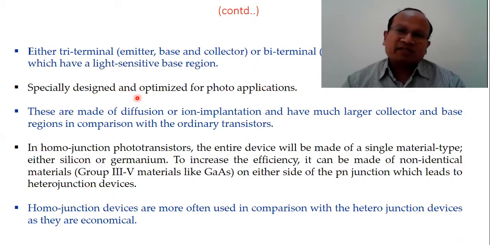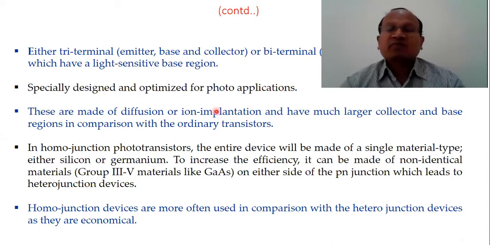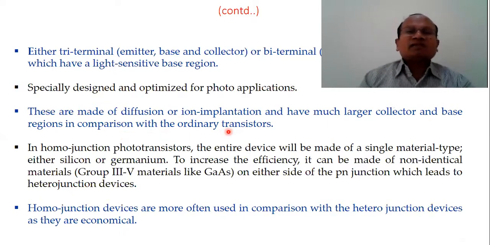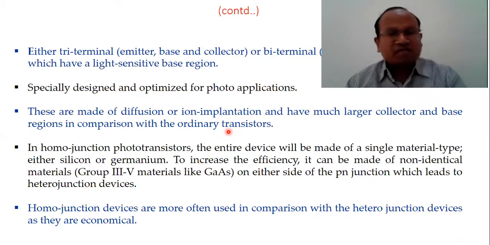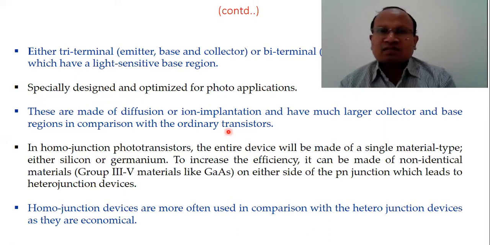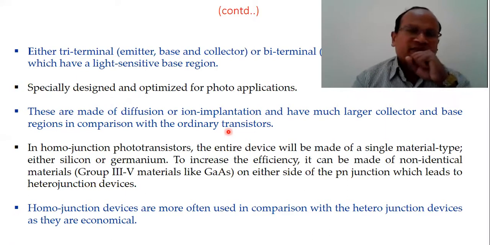As far as the manufacturing is concerned, generally they are made up of diffusion or ion implantation process, having much larger collector region and base region in comparison with ordinary transistors. In ordinary transistor, we know that base region is very thin, collector region is the widest region, the width of collector is always largest.